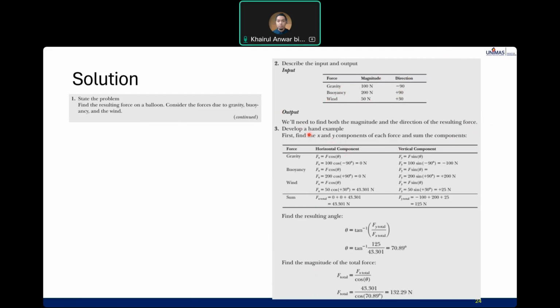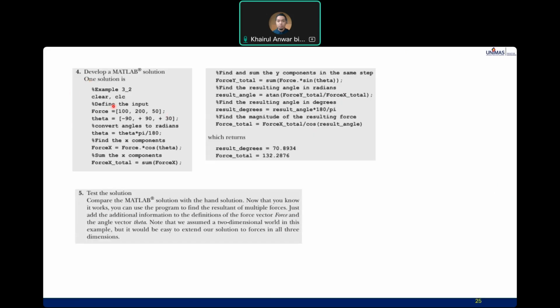So do the hand calculation first. In this case, we need to use a script file. See here, comment example 3.2. Here, this is the comment to define the input. Then there is a comment to convert angle to radians. Then find the force X.